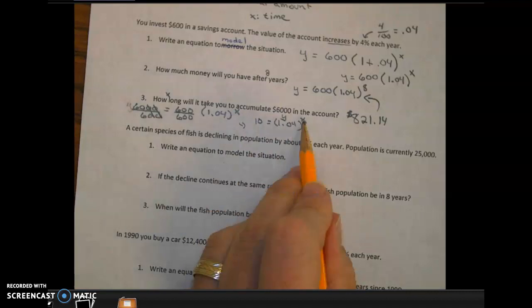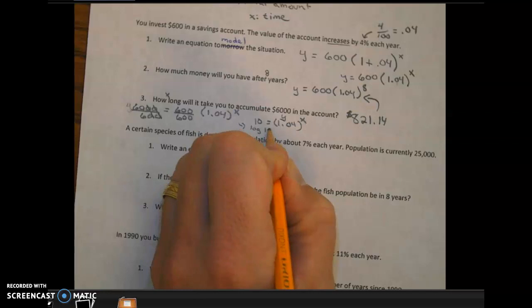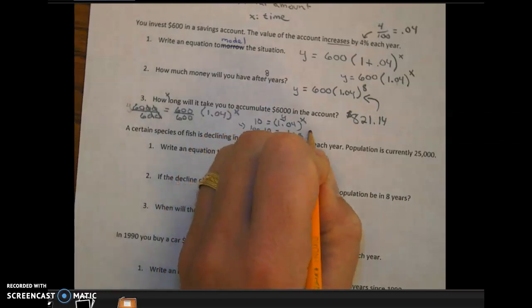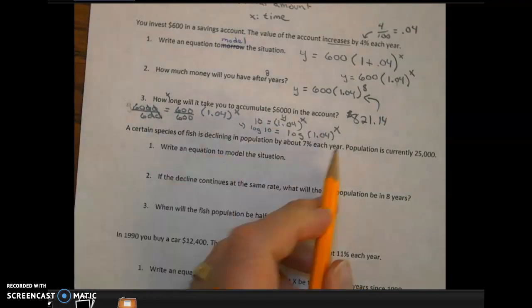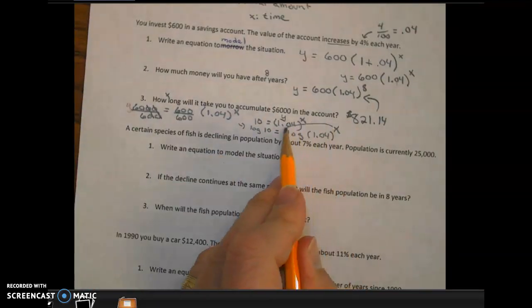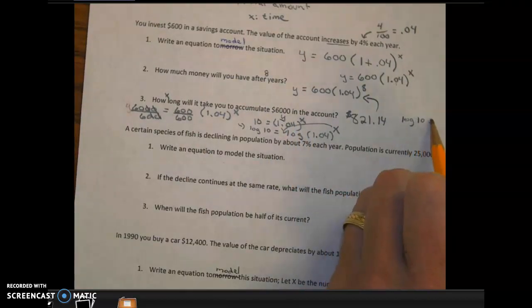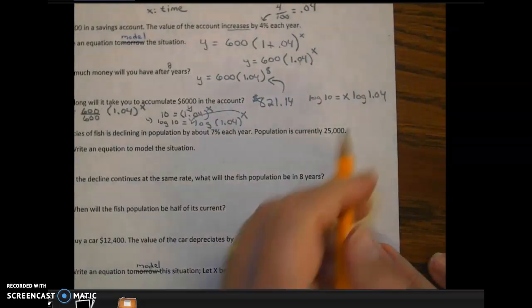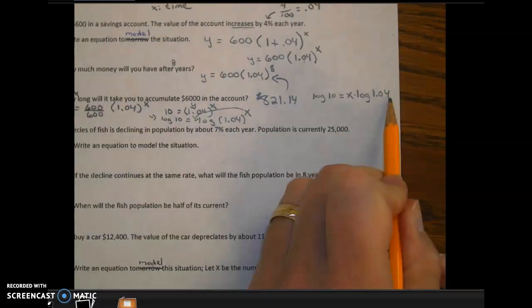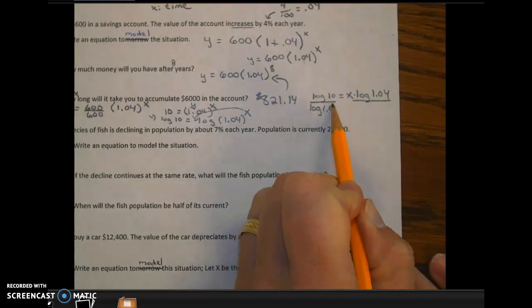Okay, so to solve for x, we're going to need to take the log of both sides. Using the power property, we can move that x down front. And then solving for x, this is multiplication, so we're going to divide both sides by the log of 1.04.